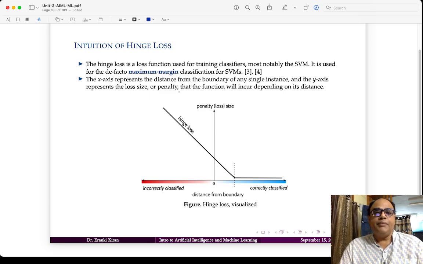The x-axis represents the distance of any single instance from the boundary, and the y-axis represents the loss size or penalty that the function will incur depending on its distance.